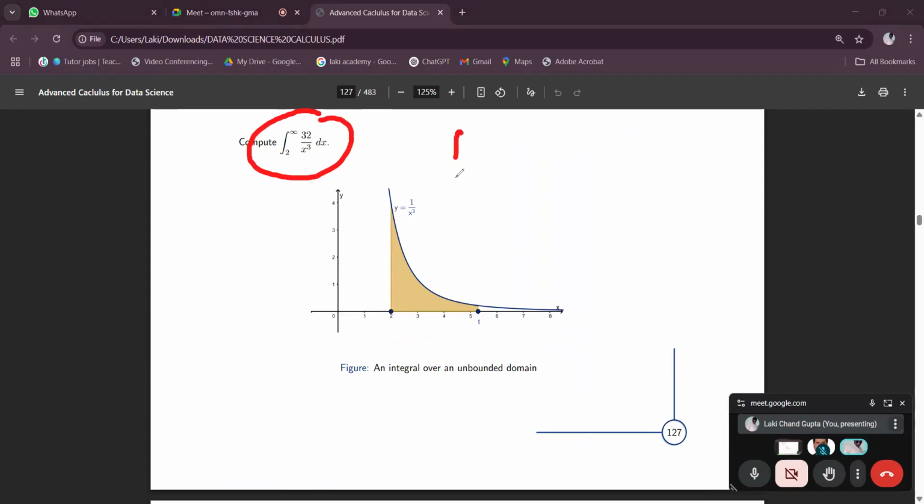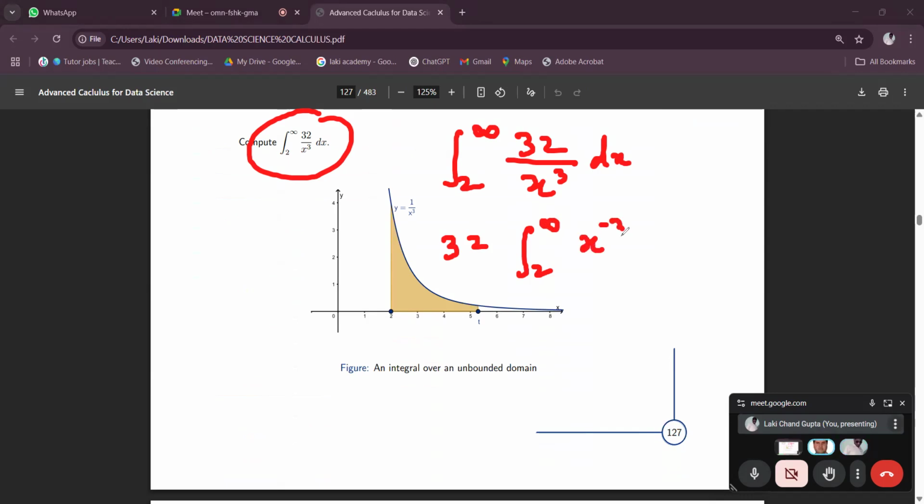Now we come to 2 to infinity, 32 upon x cubed. You know 32 is a constant. You can write x raised to minus 3. The integration of x raised to minus 3 is x raised to minus 2 upon minus 2.